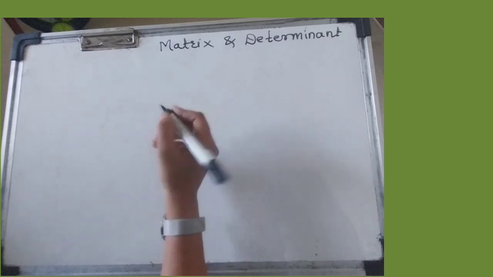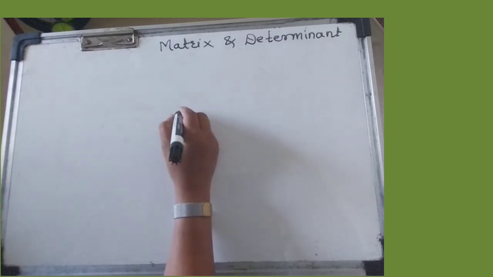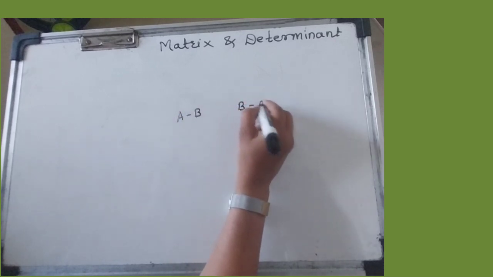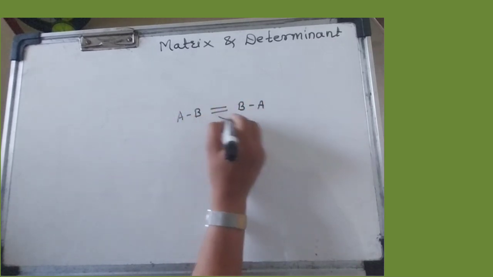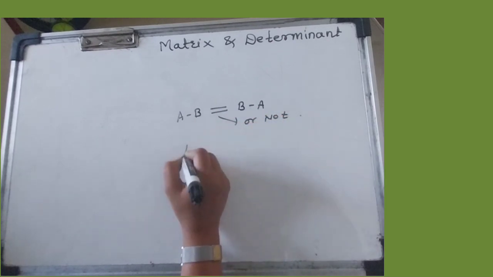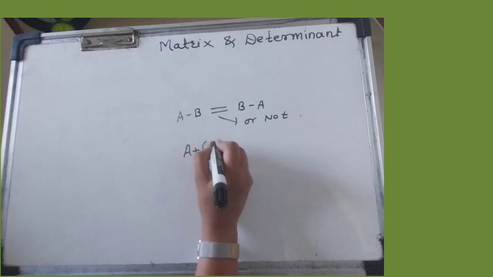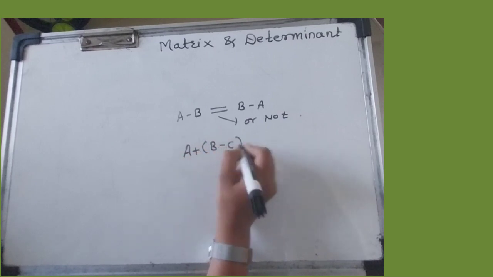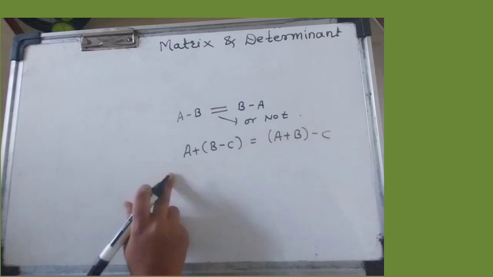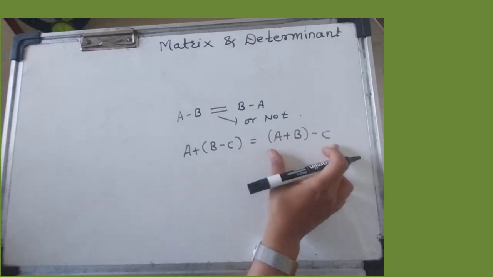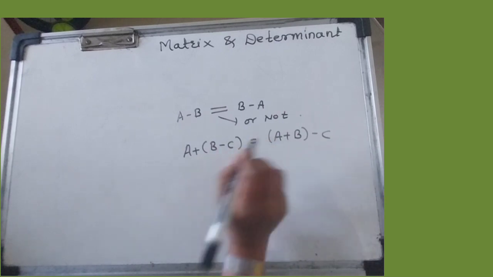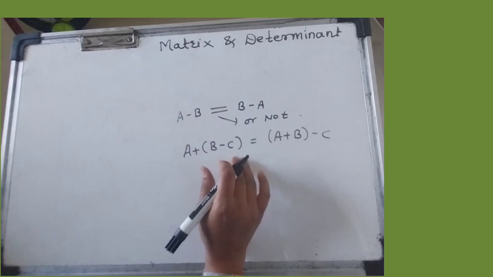If they give A, B matrices, then find A minus B, and check whether it equals B minus A or not. Then check whether A plus B minus C equals A plus B minus C; first find this side, then find this side, and check whether both matrices are equal or not. This is also on the algebra of matrices.